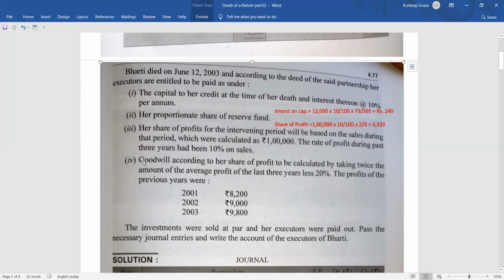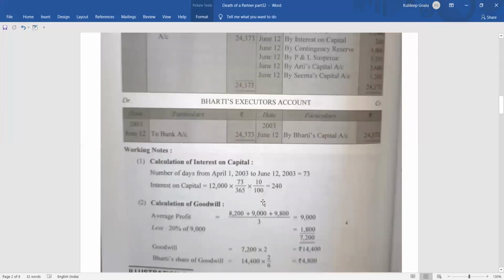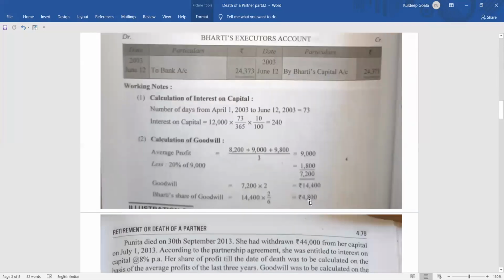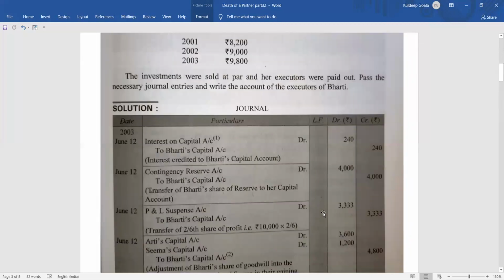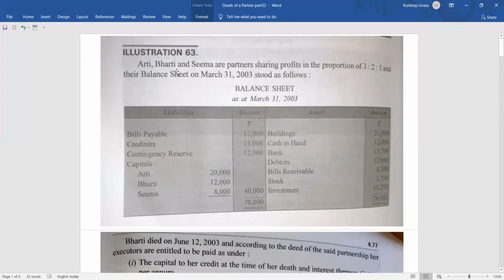Then coming to the next one, number 4, goodwill. We already calculated the goodwill. Bharati's share was how much? 4,800 rupees. This 4,800 rupees of Bharati's share will be given by the remaining partners, that is Aarti and Seema.